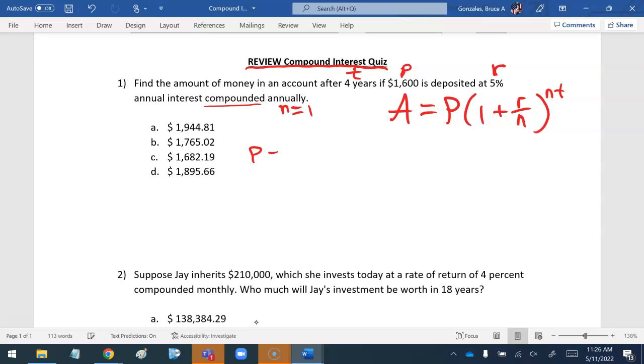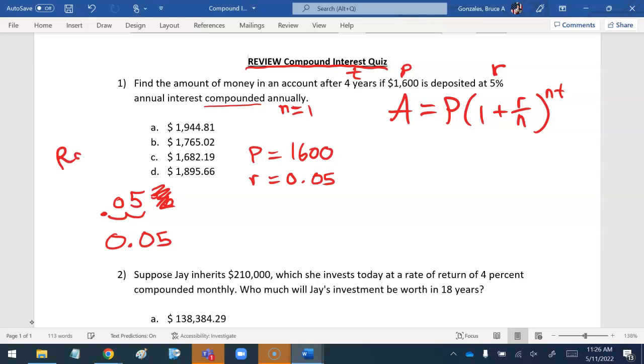So if P is 1600, now R, remember, 5%, you have to move the decimal 2 to the left and get rid of the percentage. So it's 0.05 for the rate.